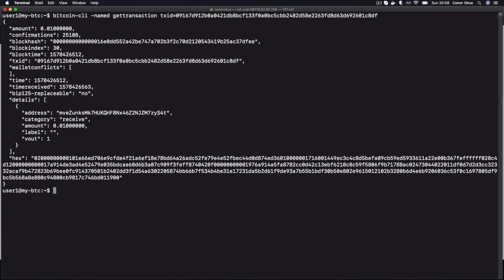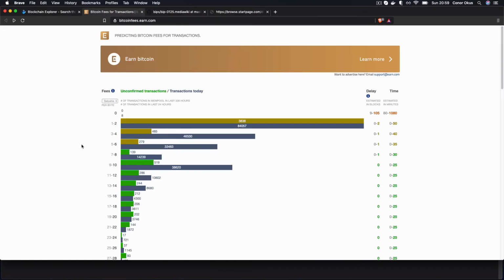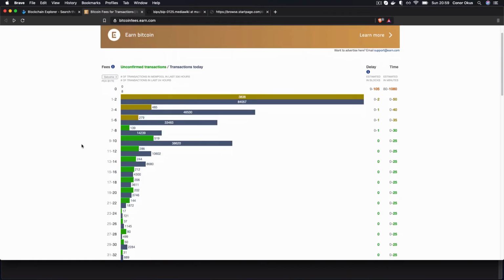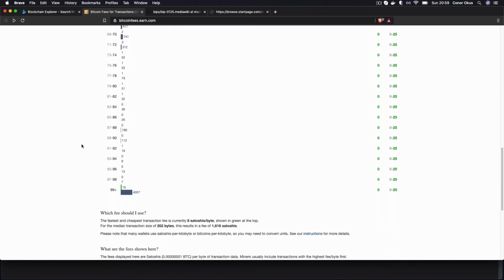So you can wait until it clears. If you've sent a transaction with a low or a medium fee, it should eventually go through. If we have a look at Bitcoin fees, if I head over to the browser quickly, this tells me what the average transaction fee per byte is at the minute.